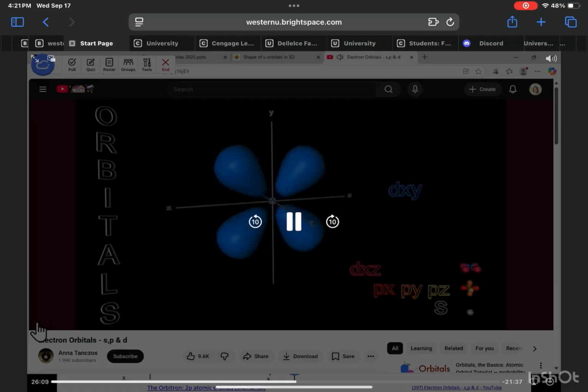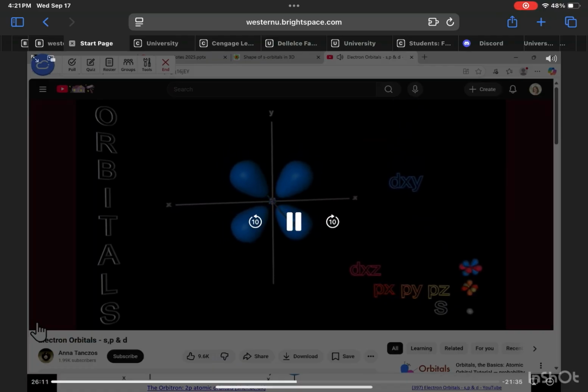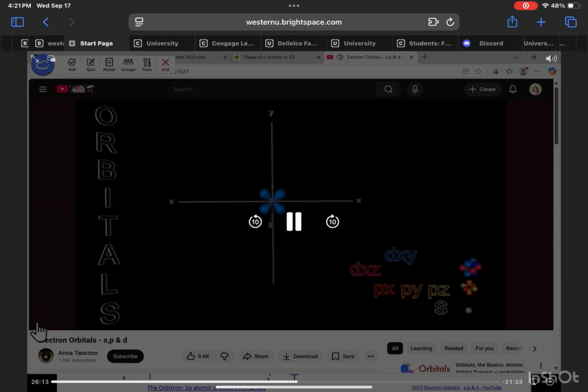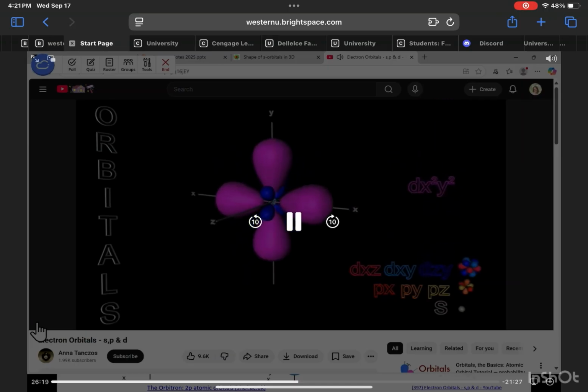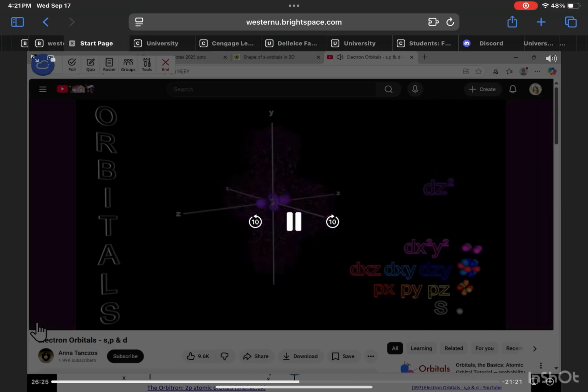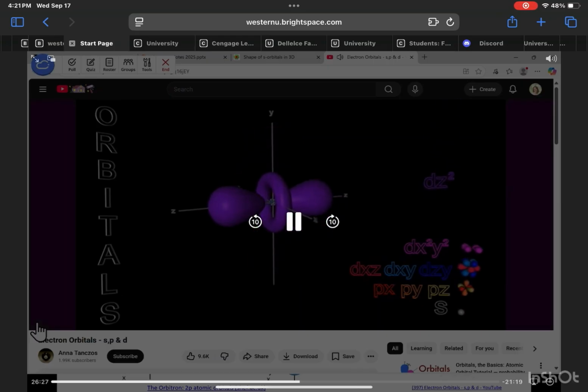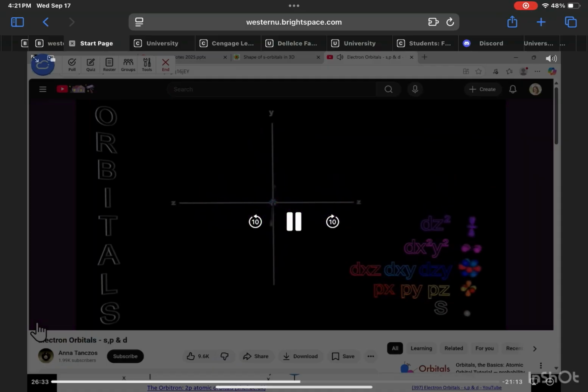Along the y plane, notice it's not pointing at the axes. Along the YZ plane, and then directly on the XY plane, but right on the XY axis, and then our cool donut one along the Z axis with that inner tube. And they're all hanging out at the same time.